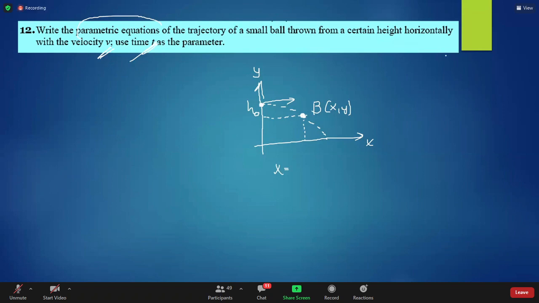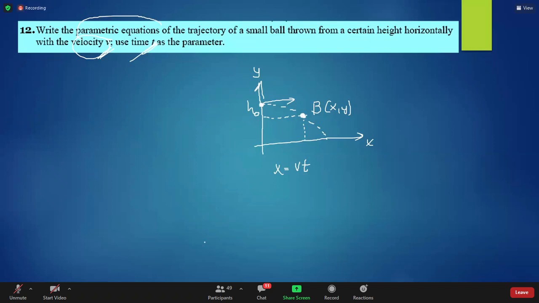So after time t, if the velocity is v without air resistance, the distance traveled would be v times t. Constant velocity times t. The horizontal velocity is considered constant because we assume that the air resistance doesn't slow down the horizontal component.